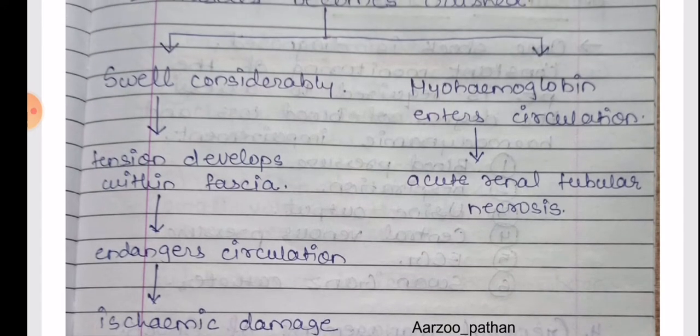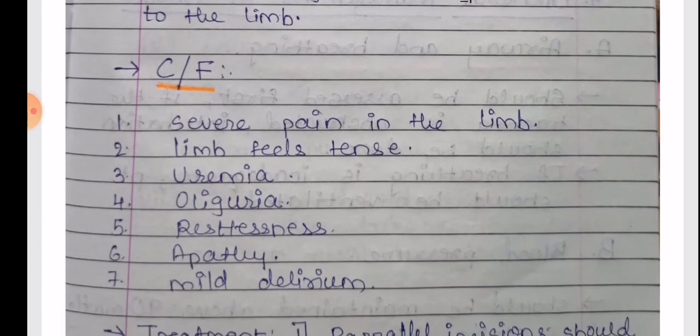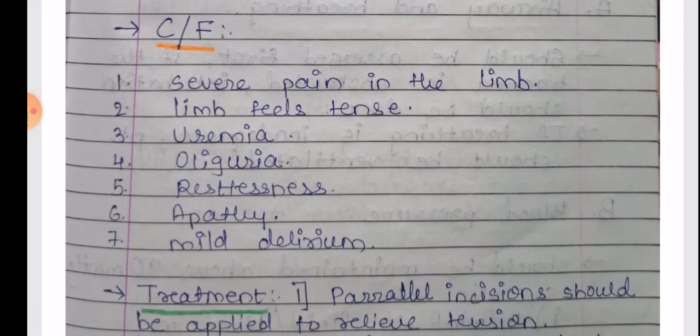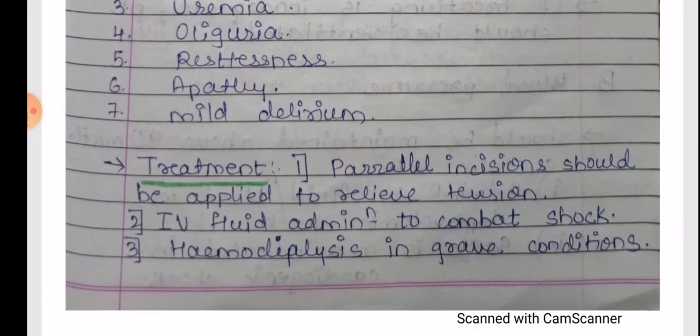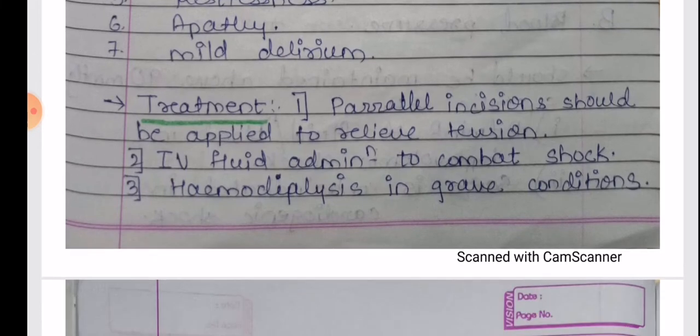There could also be myohemoglobin which enters the circulation and causes acute renal tubular necrosis. Clinical features include severe pain in the limbs, limbs feel tense, uremia, oliguria, restlessness, apathy, and mild delirium. Treatment: parallel incisions should be applied to relieve tension, IV fluid administration to combat shock, and hemodialysis in grave condition.